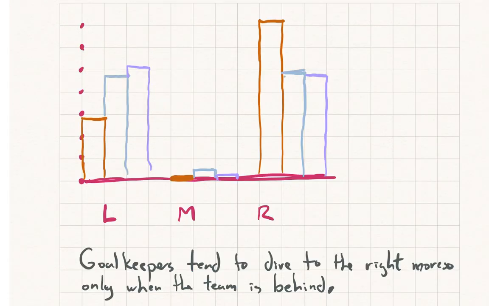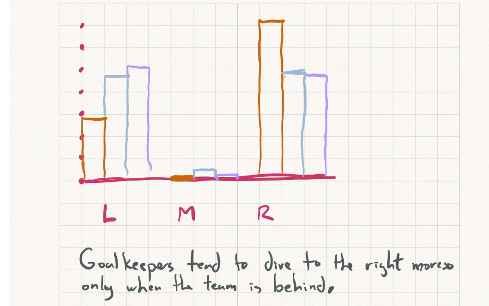So using the colors from the previous slide, behind was, for example, circled in this brown color, so that's the brown bar. Tied was gray, and ahead was purple. So using those colors, this is what it looks like when you group by direction, by left, middle, and right.